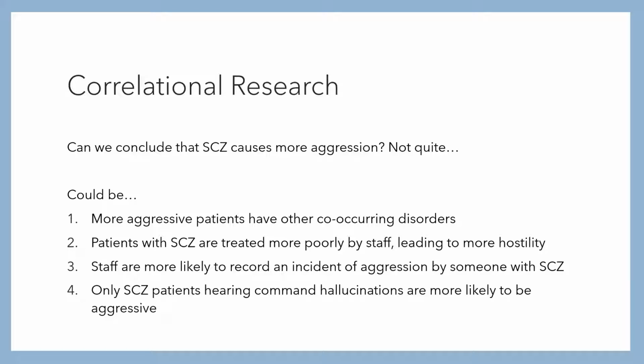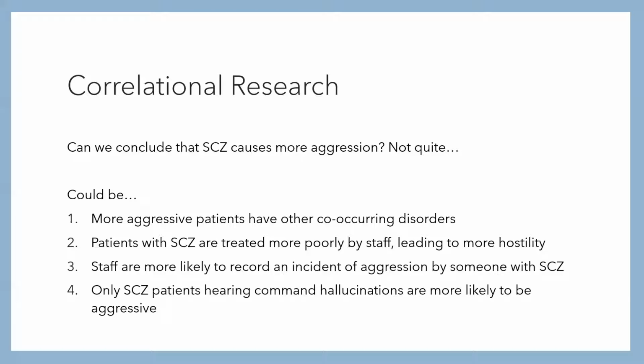So in these cases, it's not the diagnosis of schizophrenia itself that's actually causing the aggression. Hypothetically, it's command hallucinations, which are a symptom of schizophrenia, but they're not the same construct. Or in number one there, it's the co-occurring disorder that's actually causing the higher levels of aggression, or the more instances of aggression, not the schizophrenia diagnosis.